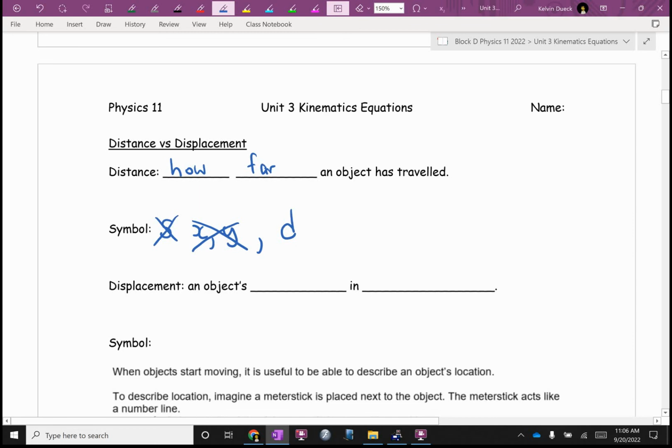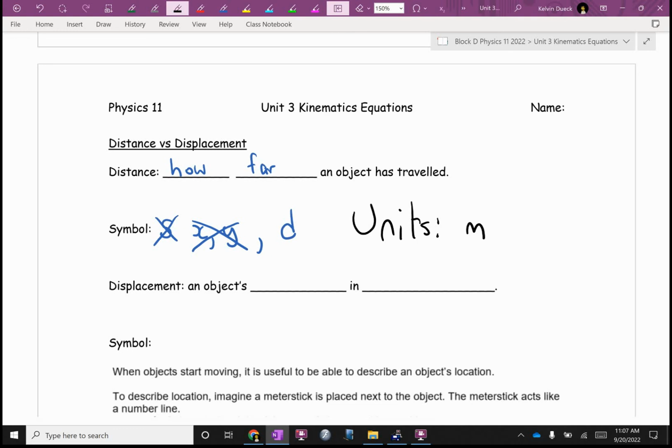I'm going to use D for distance, which I have to be honest is technically bad teaching, but I figure those of you that get to first year university physics when you're doing it with calculus, you can easily make the switch to an X or a Y if necessary. Units, meters. Those are our preferred units for distance.